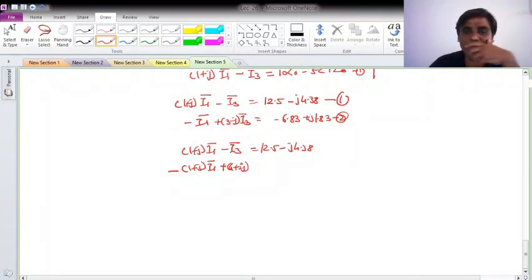That is, 1 plus j you are multiplying to equation 2, right? So 3 minus j into 1 plus j, if you solve, it will be 4 plus 2j I3 phasor and minus 6.83 plus j 1.83 into 1 plus j.